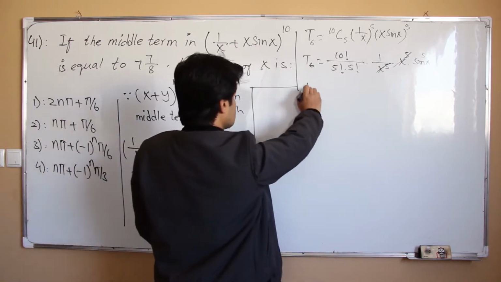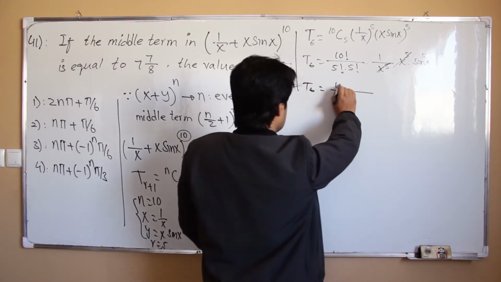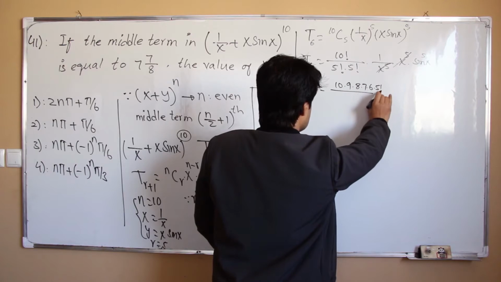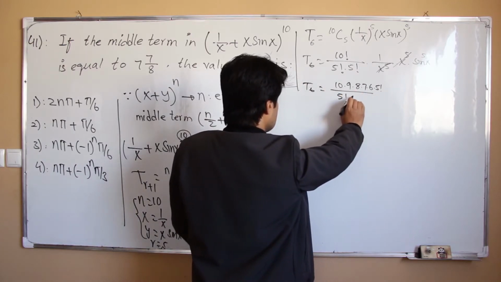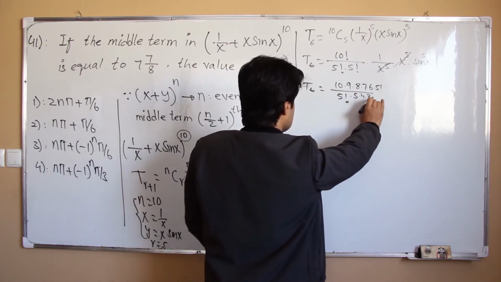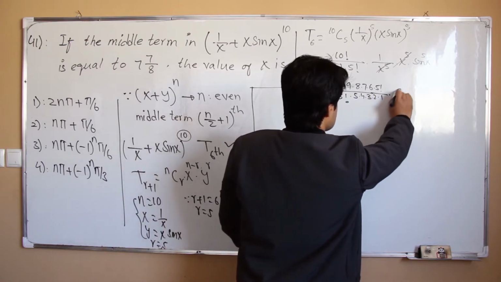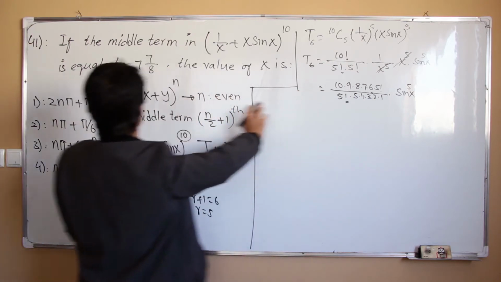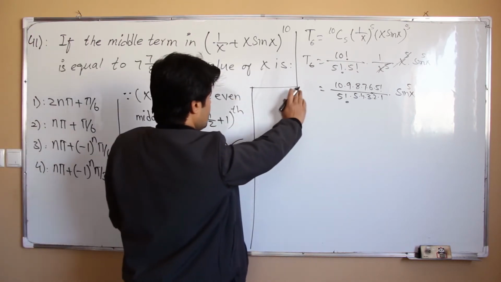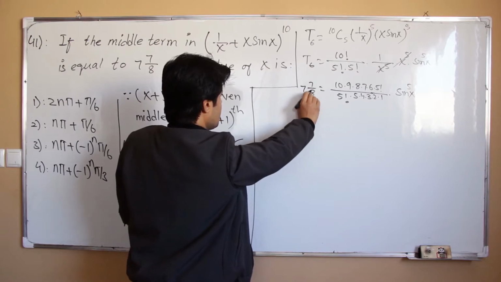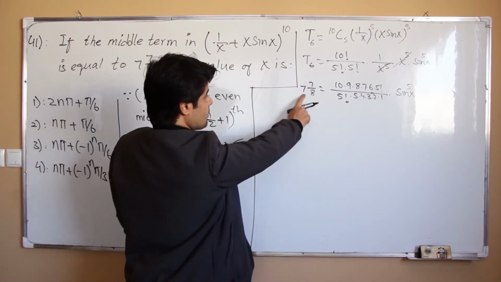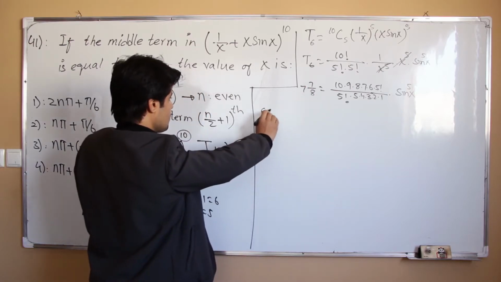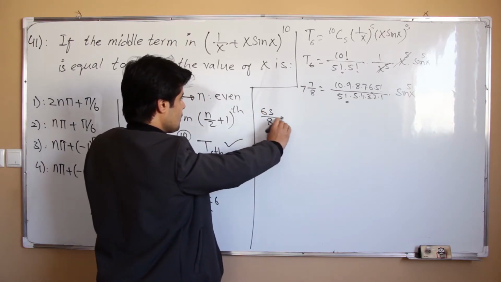Now T6 is 10, 9, 8, 7, 6, 5 factorial over 5 factorial, 5, 4, 3, 2, 1, times sin x raised to the power 5. And T6 is 7 plus 7 divided by 8, 7 by 8. If you simplify this part, 7 times 8 is 56, plus 7, 63 divided by 8. Am I right?